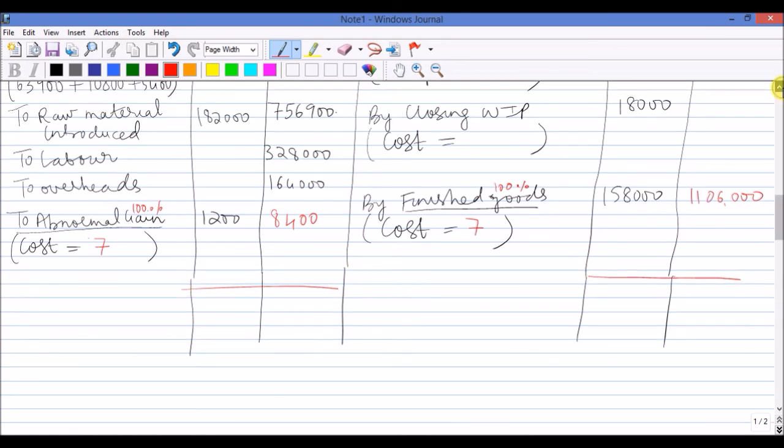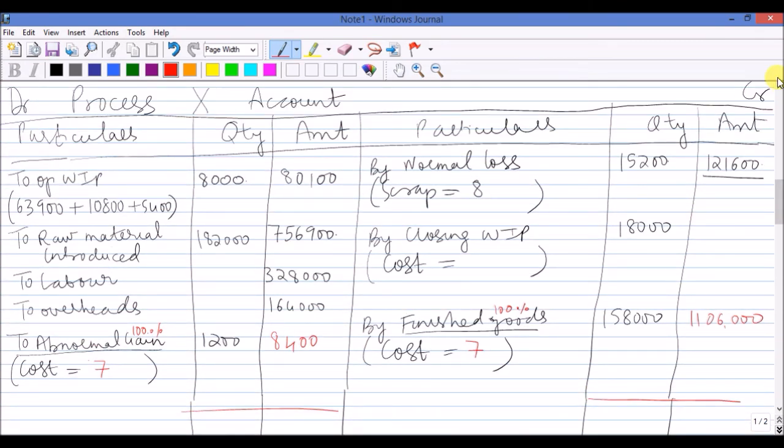Now for work in progress I need to find. First let us see what the answer is going to come. Check, I am doing it. This is what we should get. So what I'll do, I'll add all these things, then I'll subtract this and this, and I'm going to get some balancing figure.